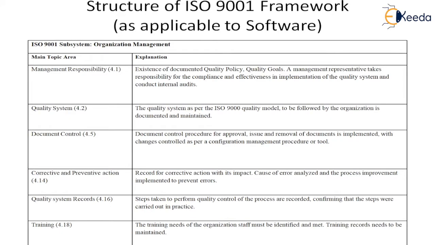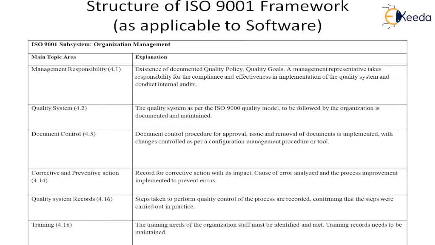Having covered the CMMI models, we should see some other models that are also used. ISO 9000 is a generic model given by the International Standards Organization for measuring the quality compliance level of different types of organizations.